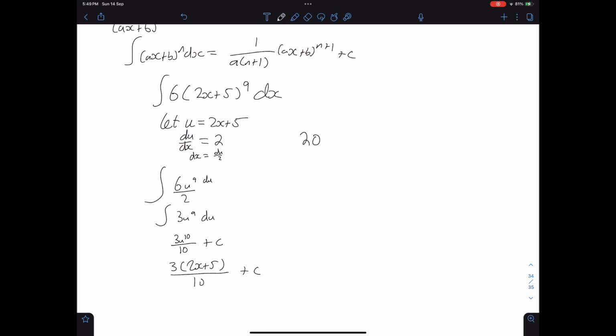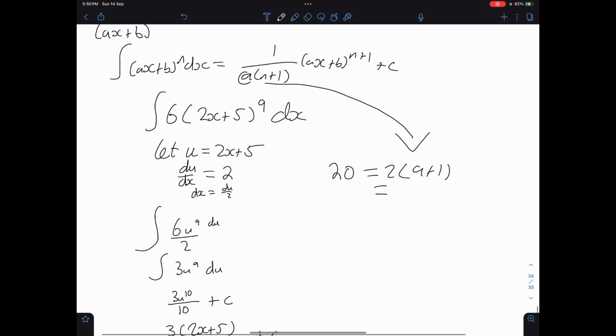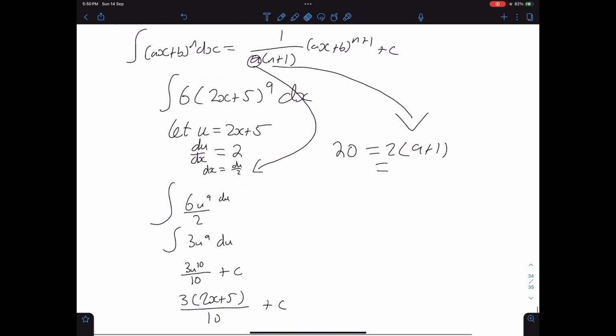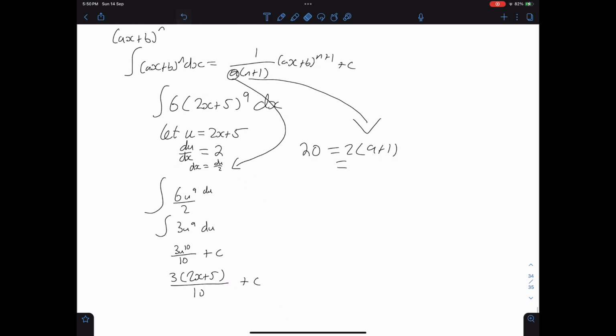That 20 is equal to that 2 times (9 + 1), which is the n + 1. This comes from the fact that we've differentiated the bracket and rearranged it to get dx equals du over 2, and that n + 1 is just part of the power rule when we divide by the new power.